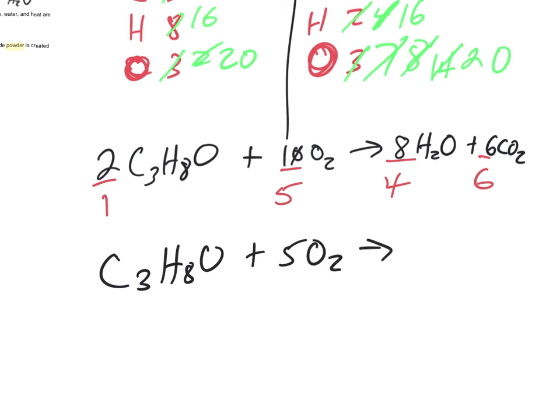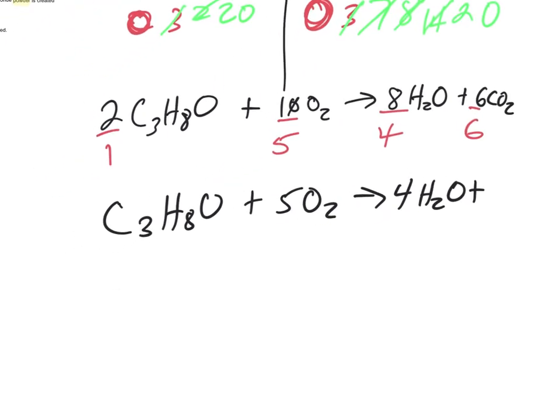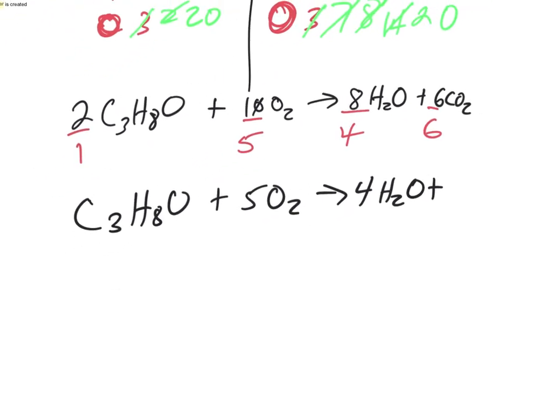Question: do you have to reduce? Yes. If you don't reduce, you lose only 2 points off your GPA. Oops, I didn't reduce that. That's a 3. It's hard to talk and write. 3 CO2.